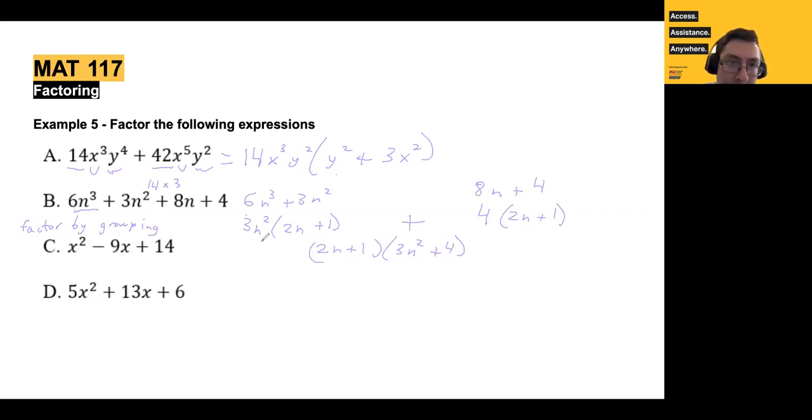Part C right here then. When we just have what's called a quadratic trinomial like this, we ask ourselves what numbers multiply to 14 and add up to -9.